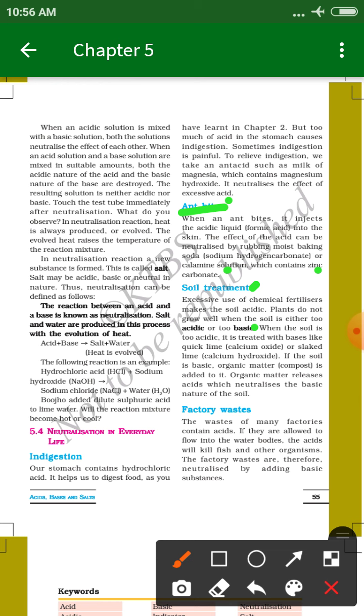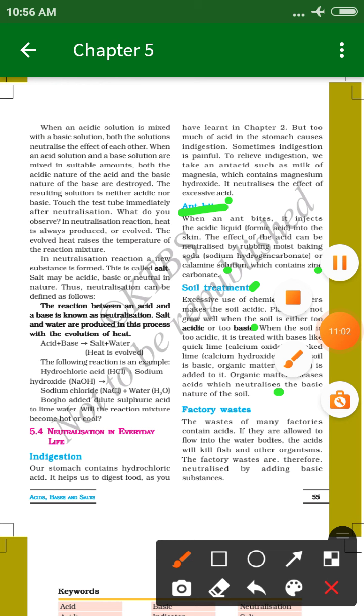If the soil is basic, organic matter is added to it, that means compost. Organic matter releases acids which neutralize the basic nature of the soil. So this is another important thing we use in our daily life.